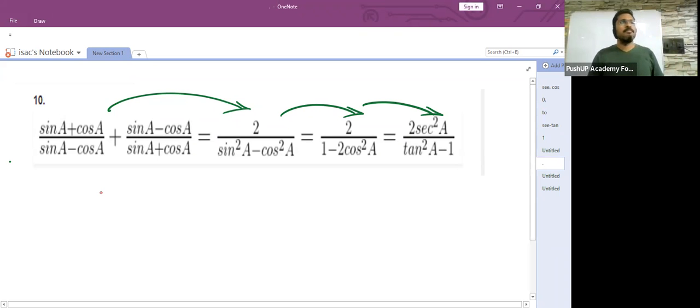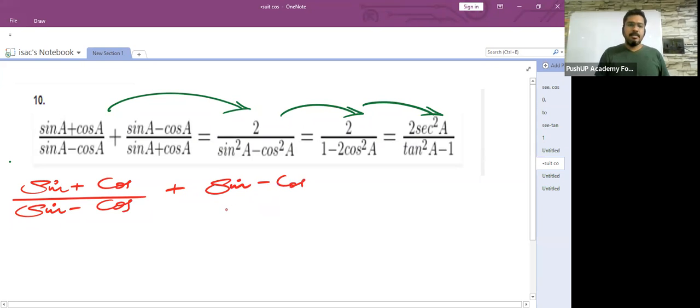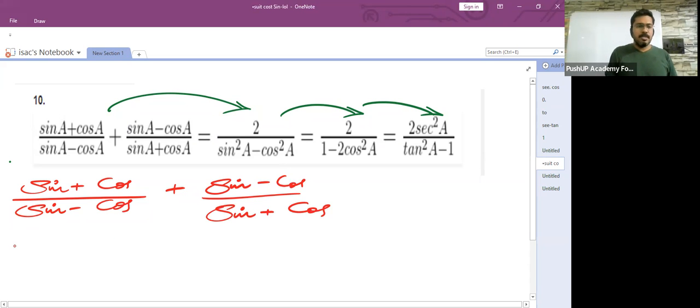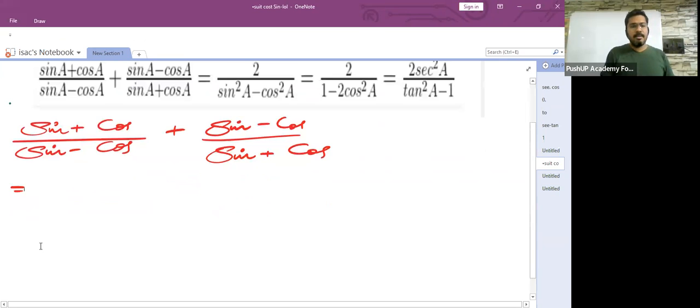Pay attention. The first part, you must have taken sine plus cos divided by sine minus cos plus sine minus cos upon sine plus cos. This is equal to, obviously you must have applied the LCM method.